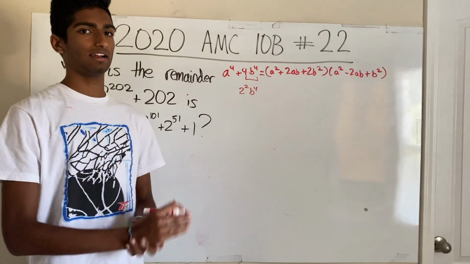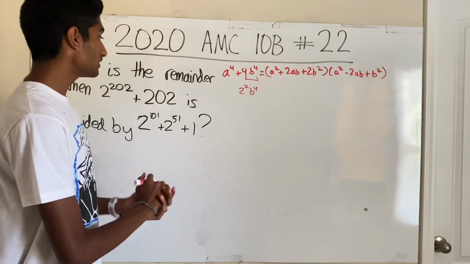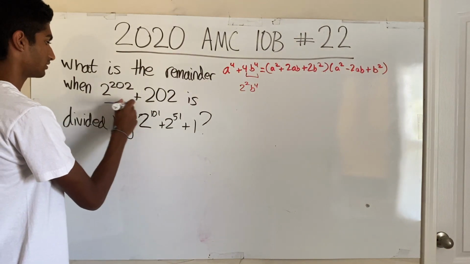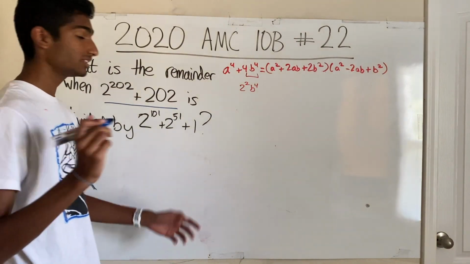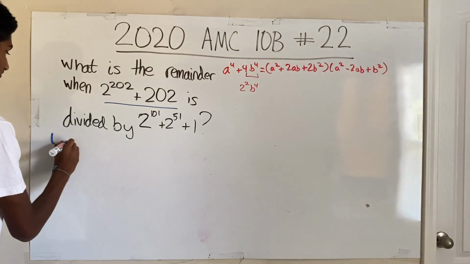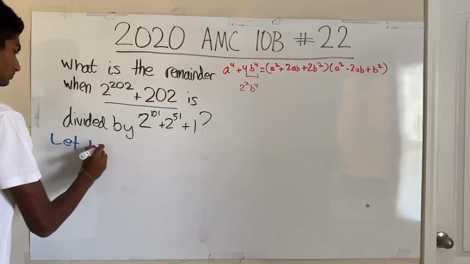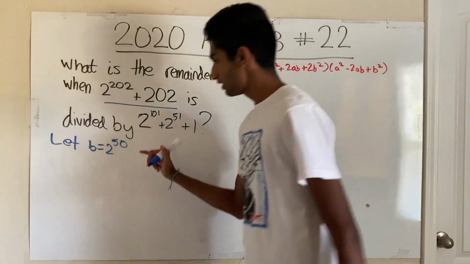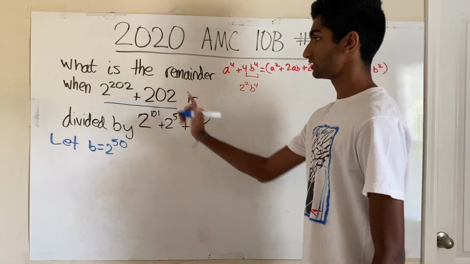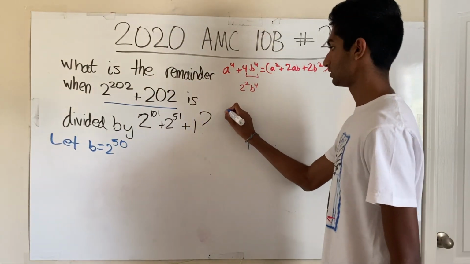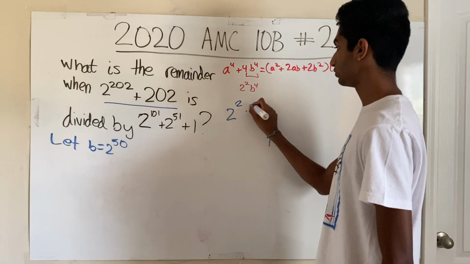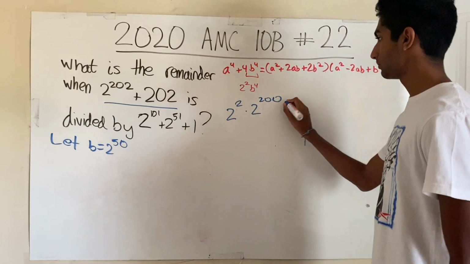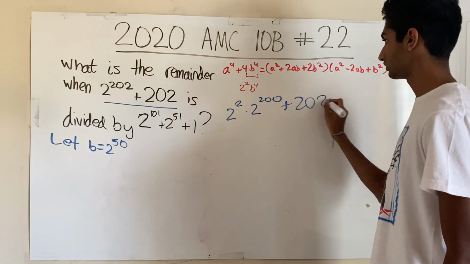Now you might start to see a relationship between this number and this number right here. Basically, we can let b equal 2 to the 50. And that lets us simplify this, so we can make that 2 to the 2 squared times 2 to the 200 plus 202.